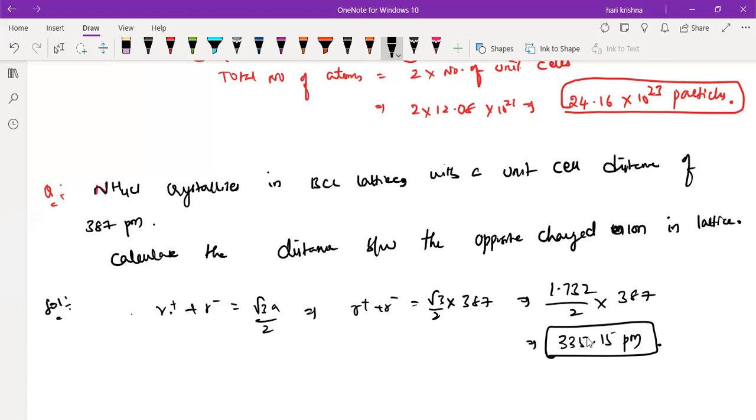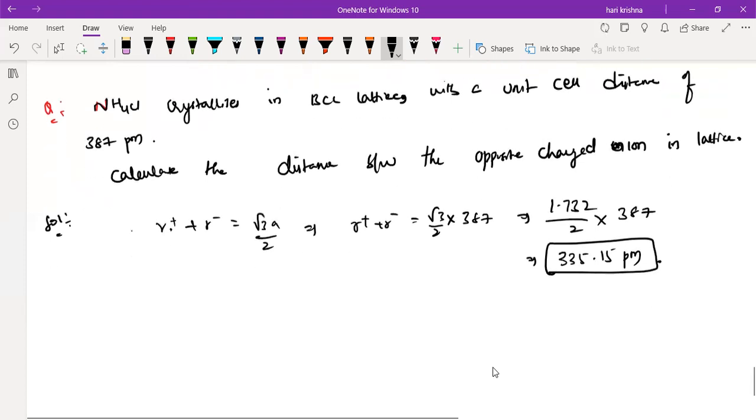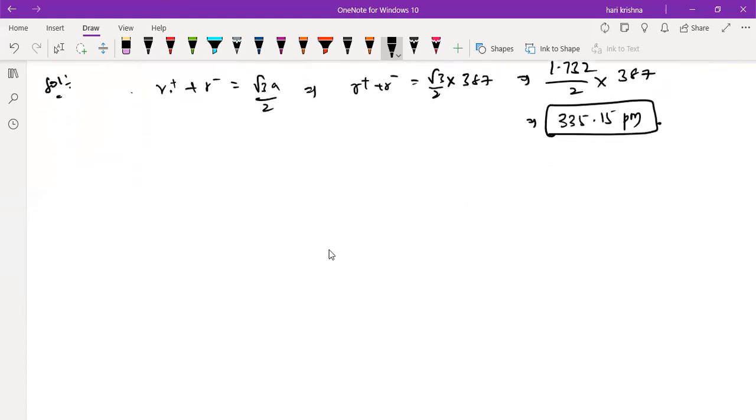Okay, with this we'll end the class here. I'll give you one homework sum today. You solve it and tell me the answer in the next class. Iron occurs as BCC as well as FCC unit cell.